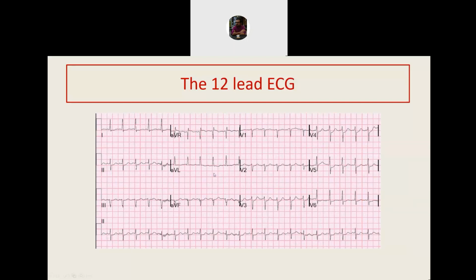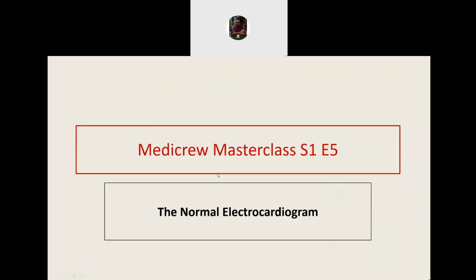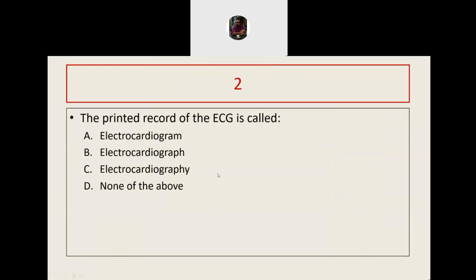So getting back to the questions that we started with, let us start. The printed record of an ECG is called, what will be the answer? Very good. The answer is A, electrocardiogram. Next question.